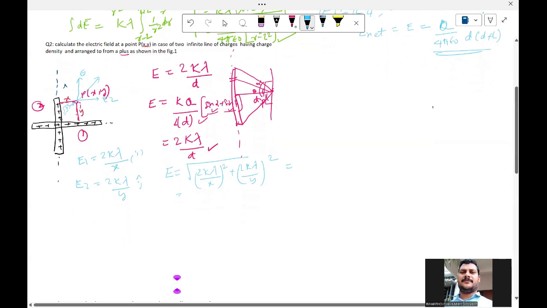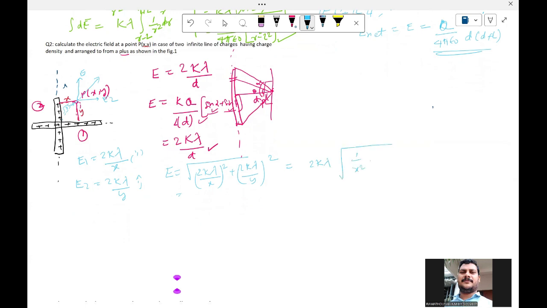Here you can take 2K lambda common, which gives E equal to 2K lambda root over 1 by x square plus 1 by y square. Here 2K lambda means Q by L into L, where L is the length of the rod, otherwise lambda only can be kept, no problem. For an infinite rod we keep lambda only, which is lambda by 2 pi epsilon naught into root over 1 by x square plus 1 by y square. So in this case, you can find it out.